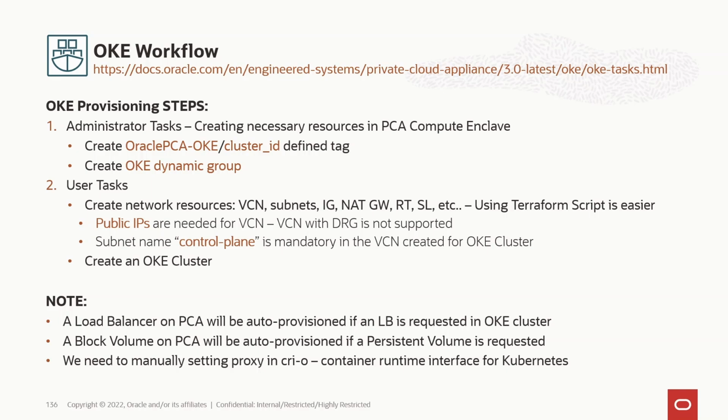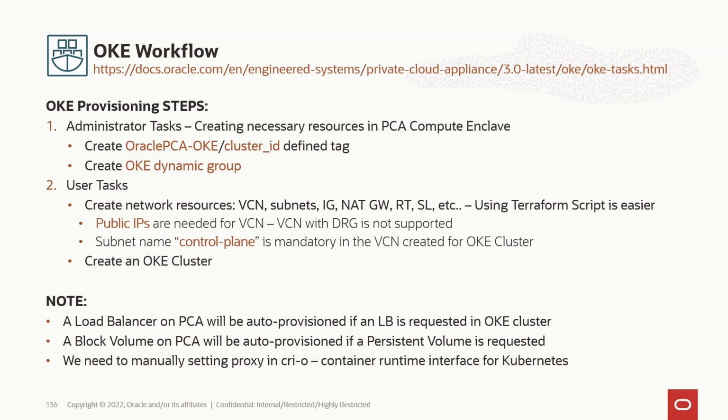For user tasks, we focus on creating necessary network resources using a Terraform script for ease of use. So we have to provision components like VCN, subnet, internet gateway, NAT gateway, route table, security list, etc. Public IPs are required for the VCN, as VCN with DRG is not yet supported as of when I record this video.